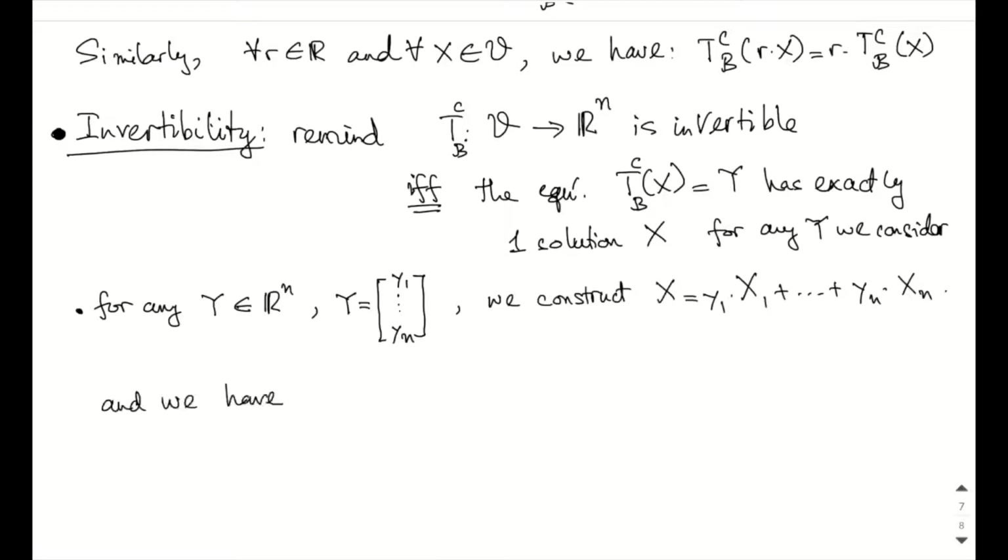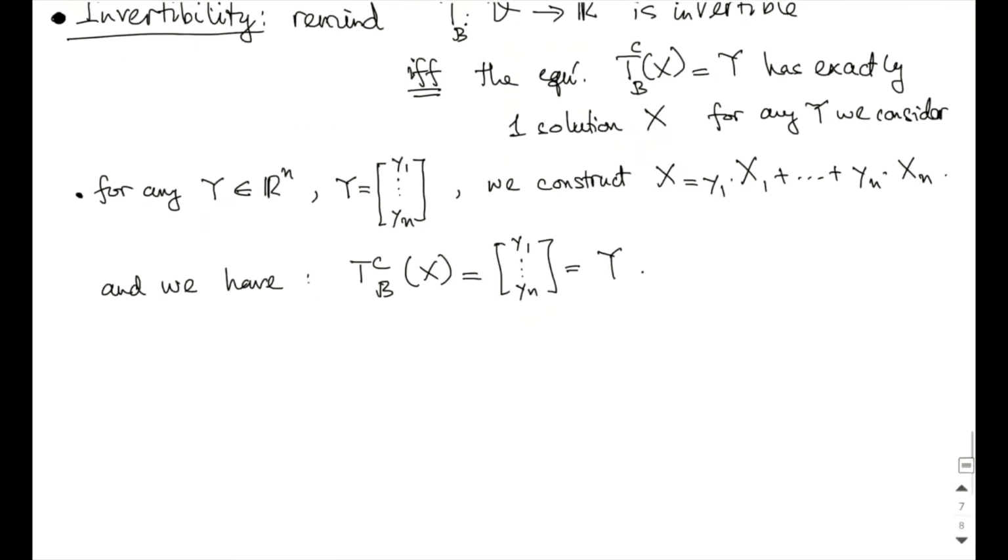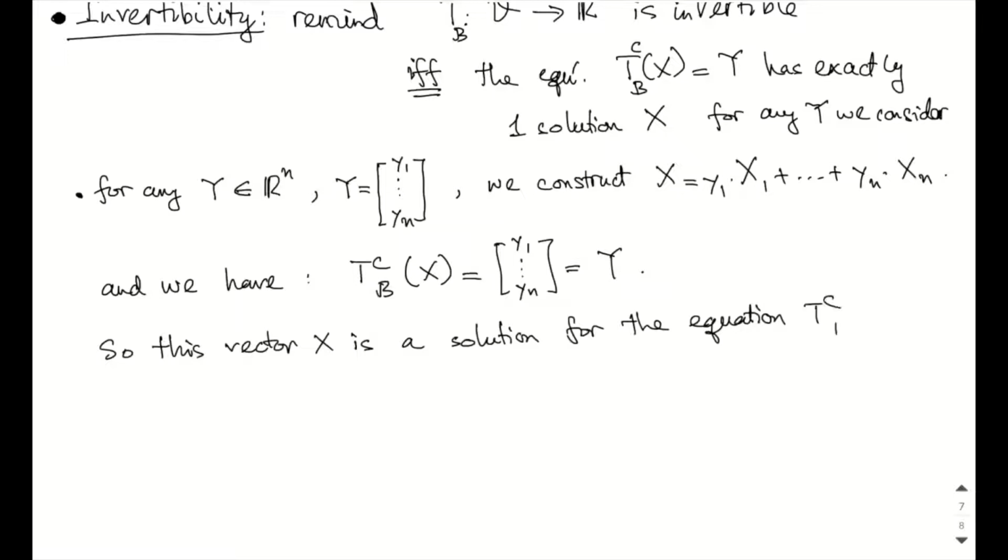And we have TCB of x being y1 up to yn right away, which is y. So this x is a solution for the equation TCB x equals y.